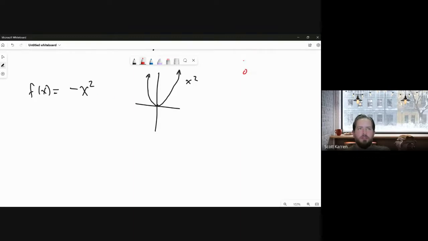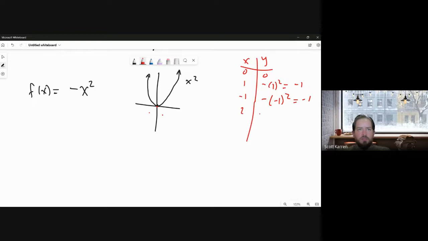So again, if I try some xy values, if x is 0, well, 0 squared is still 0. But if x is 1, negative 1 squared is negative 1. And if x is negative 1, the negative of negative 1 squared is still negative 1. And so you can see these values start to go off downward.